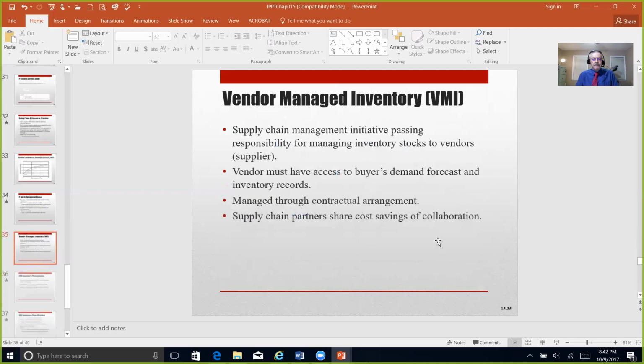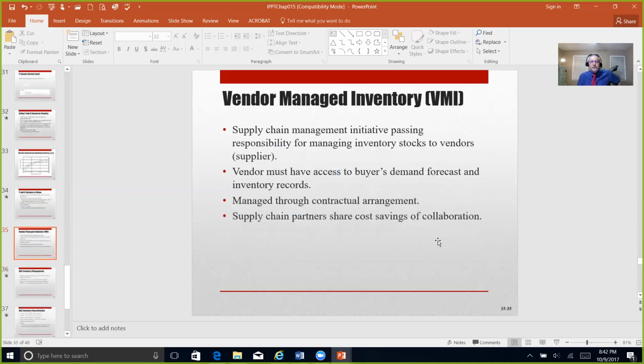Then we have this vendor managed inventory system, which is looking at supply chain management that passes some of the responsibility for managing its inventory or stocks to its vendors.